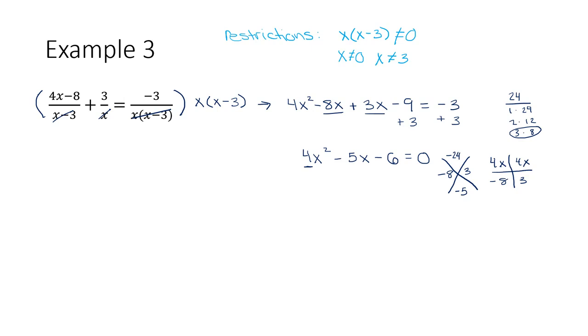I can then reduce my T-chart if possible. 4 and negative 8 have a common factor of 4, so I can divide that out. 4 and 3 don't have any common factors. So my factors are x minus 2 and then 4x plus 3.